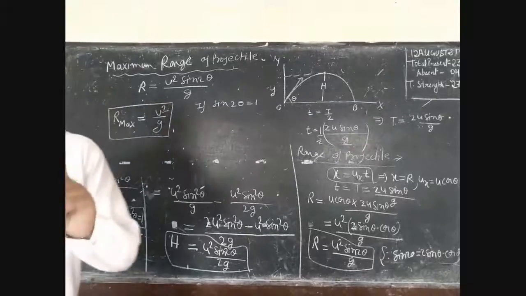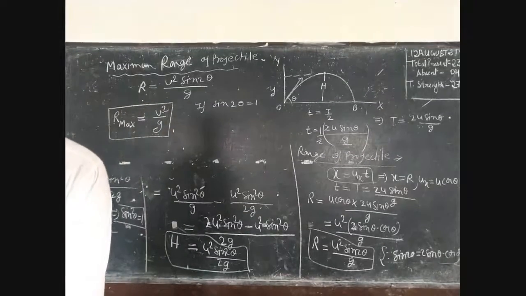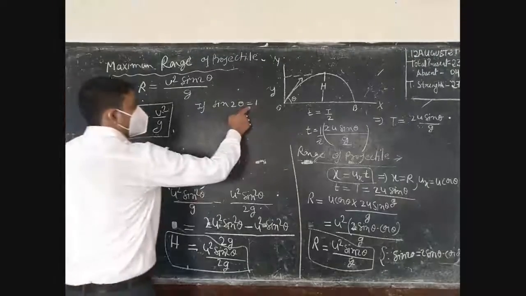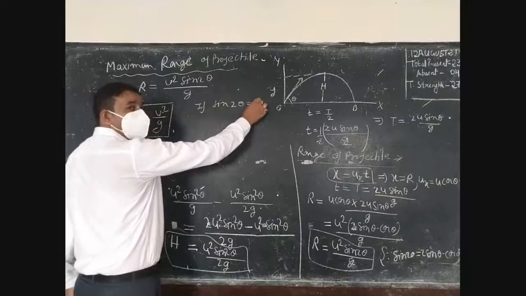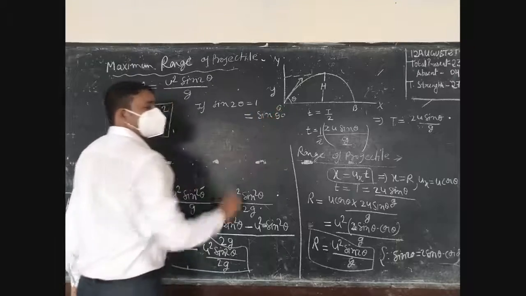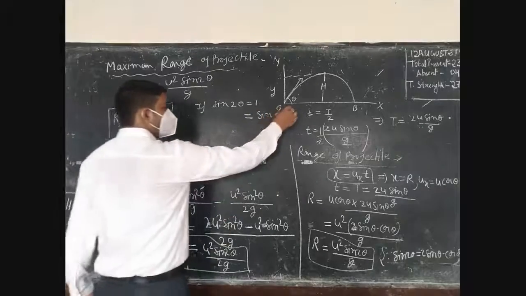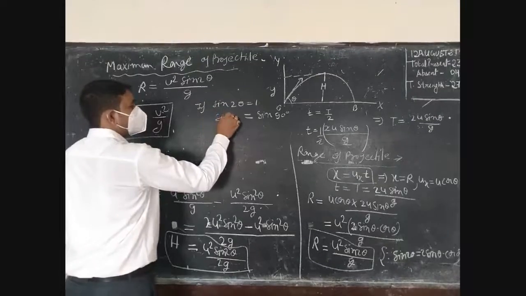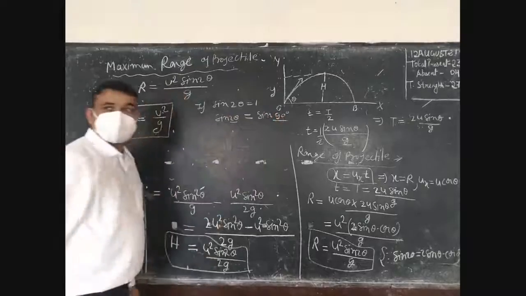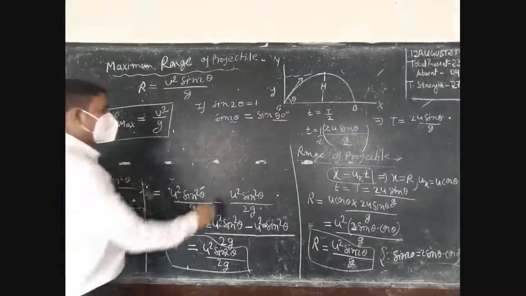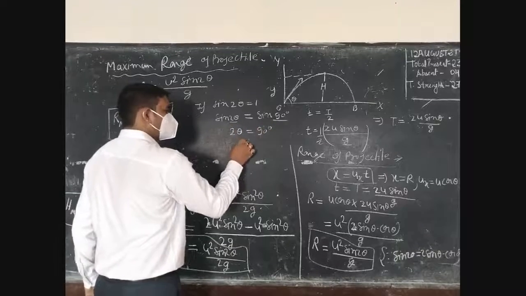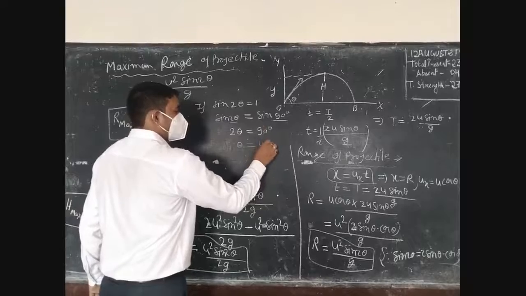Now, how much is the angle of projection for which the projectile gets its maximum range? By calculating this, the value of sin theta is 1, which is sin 90 degree. This is equal to sin 2 theta. Now we compare the angles of the two sines, RHS and LHS. We get 2 theta is equal to 90 degree, therefore this theta is 45 degree.